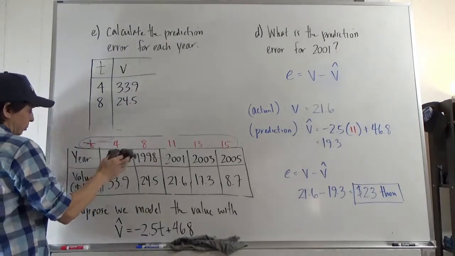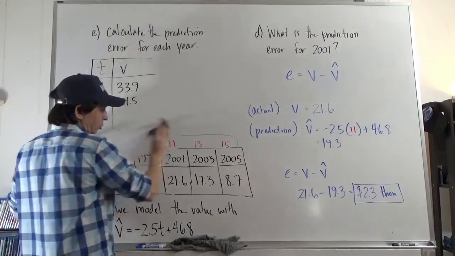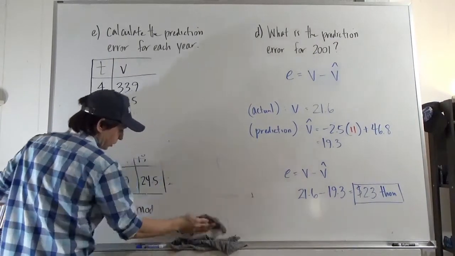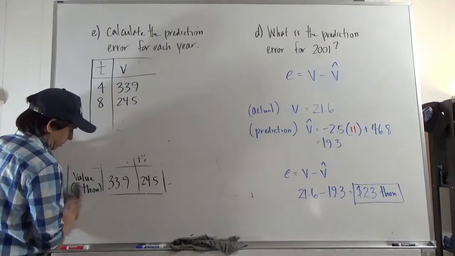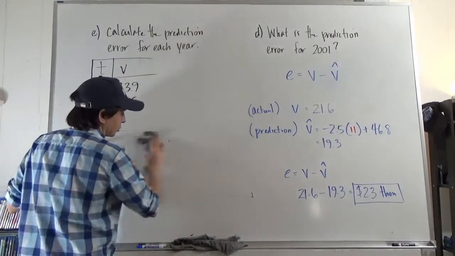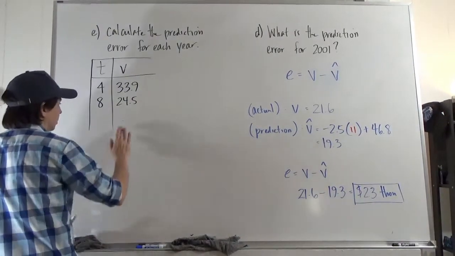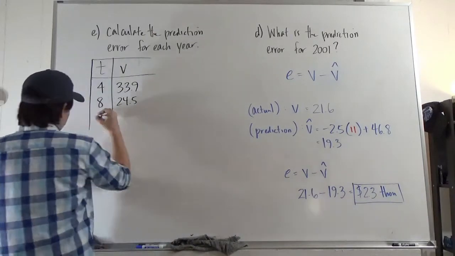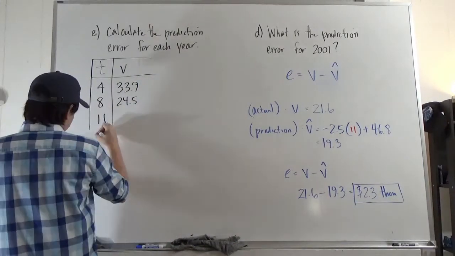I'm going to erase this. I have the data over there, but make sure you have it down somewhere, because I just need the room to actually make this table. I need that model too. What do I have? 11, 13, and 15.